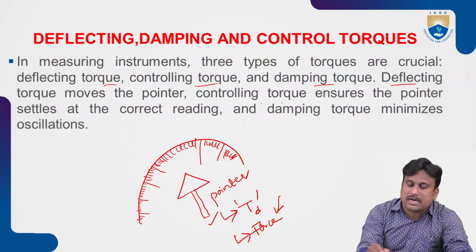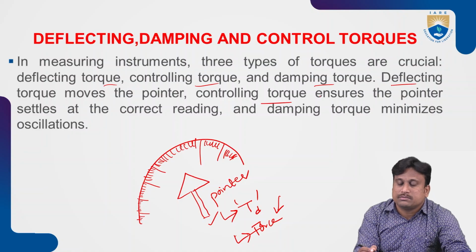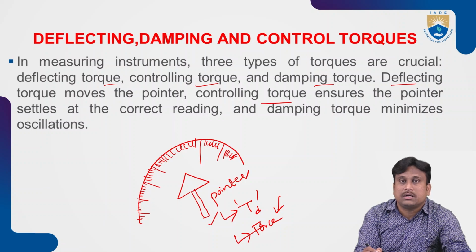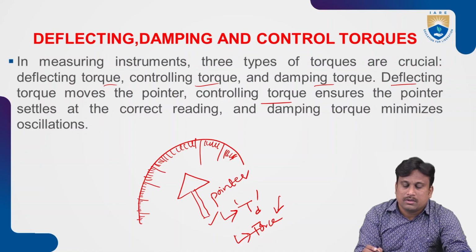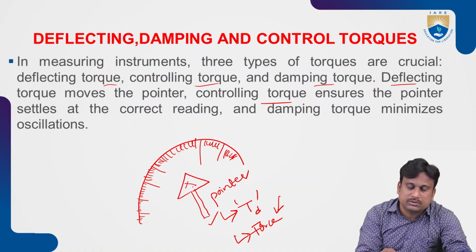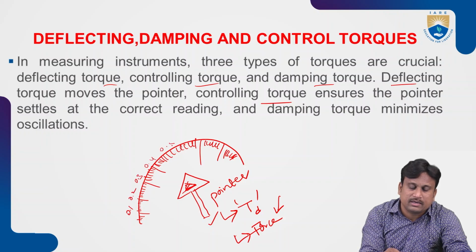And coming to the controlling torque, it ensures the pointer settles down at its exact position or correct reading. Once the pointer is initiated and moves over the scale, it is ready to settle down at a particular value. For example, 0.1, 0.2, 0.3, 0.4, 0.5 and so on.